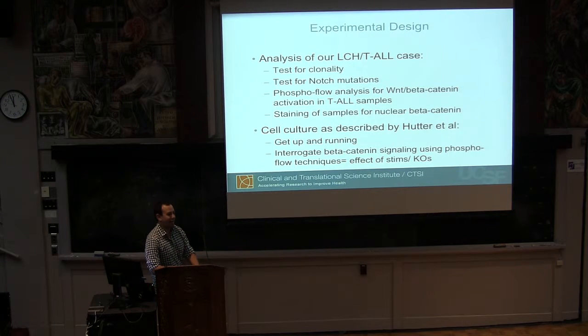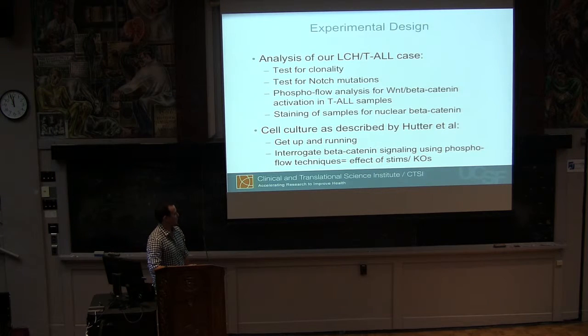And then because we actually have frozen cells from this patient, we are going to try to look using these phospho-flow techniques that we have developed, just to see if there's also some beta-catenin upregulation. And then you could also use older immunohistochemical methods to verify that as well. Like, is this beta-catenin in the nucleus, or is it still bound to the outside, and then maybe not active.